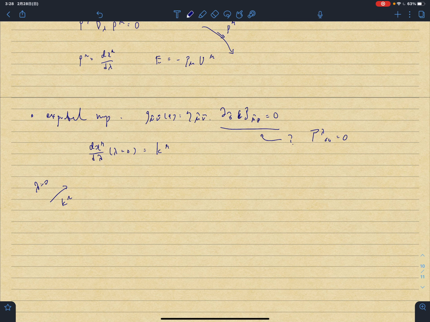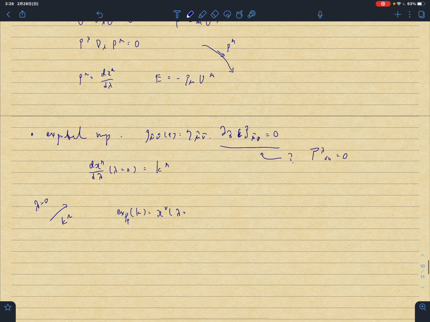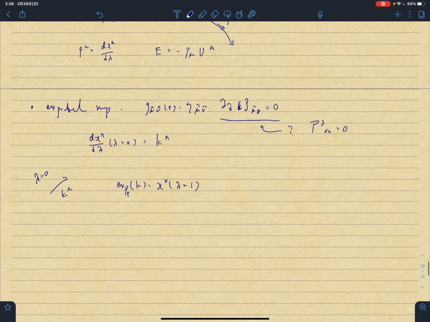The exponential map at P, exp_P(k), is defined as x^mu at lambda equals 1, going from t equals 0 to t equals 1.